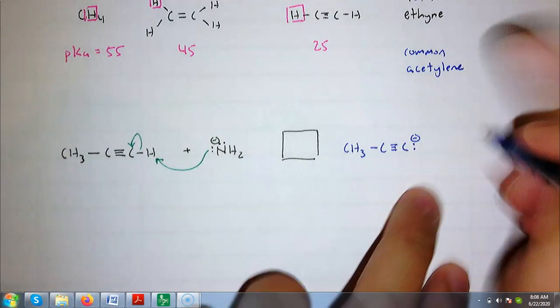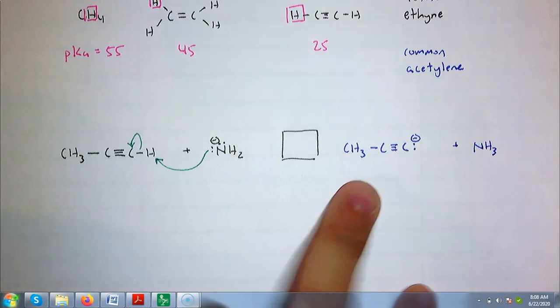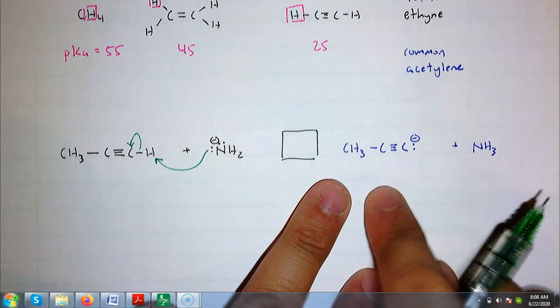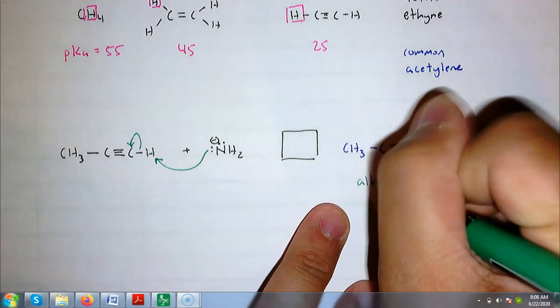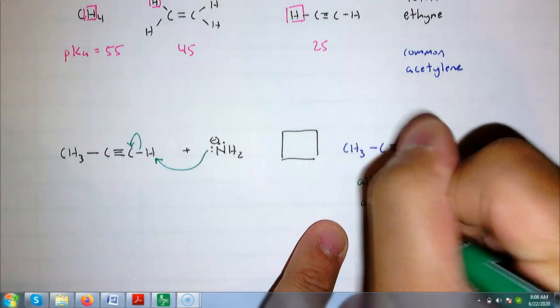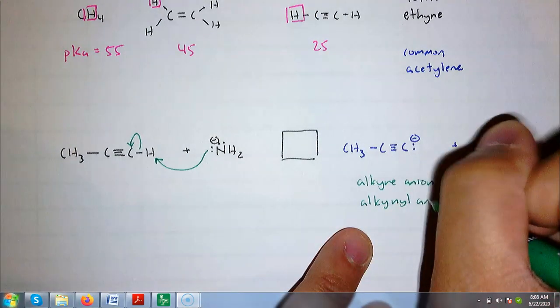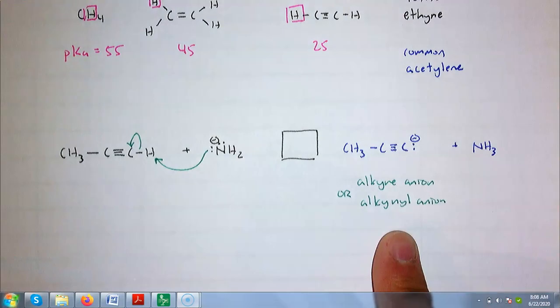Plus NH3. This molecule is going to be super important when we talk about other reactions in the unit and start doing synthesis. You could call this an alkyne anion, or I think alkenyl anion. Either one.